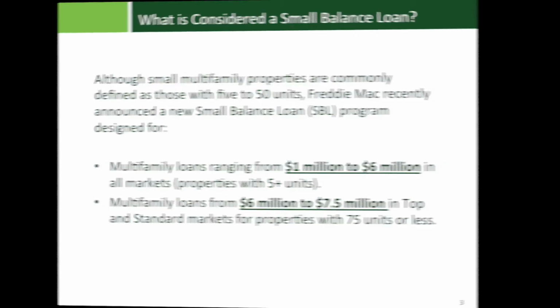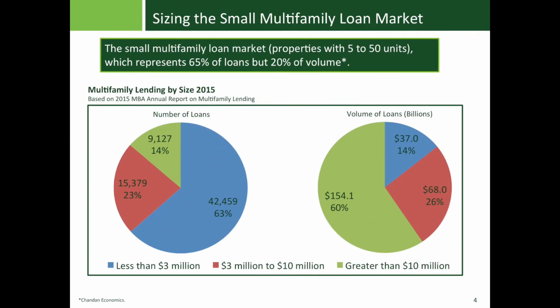In terms of the size of this market, if we take a look at the next slide, what you can see in this pie chart is that in terms of the number of loans originated in the multifamily space, small balance accounts for an overwhelming majority of multifamily lending activity. When we define it as $3 million or less, so the very low end of that small balance range, in 2015 we were talking about 63% of the multifamily loans.